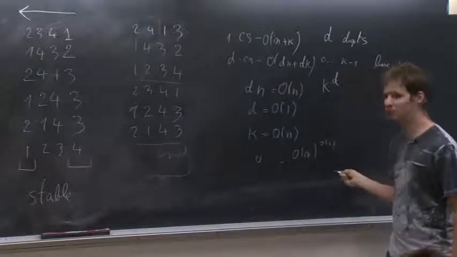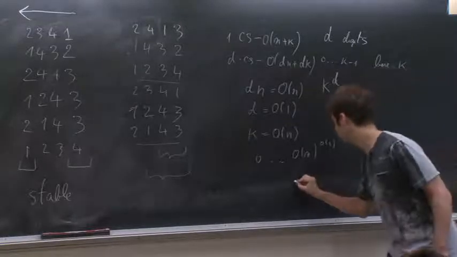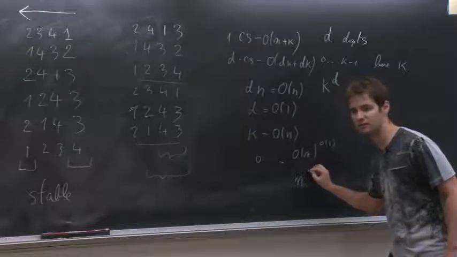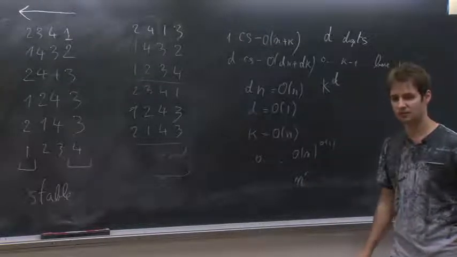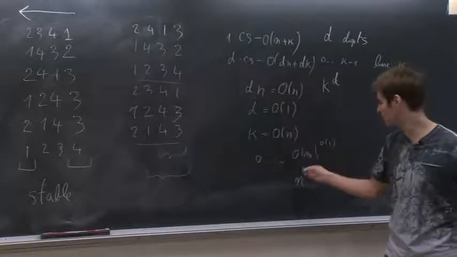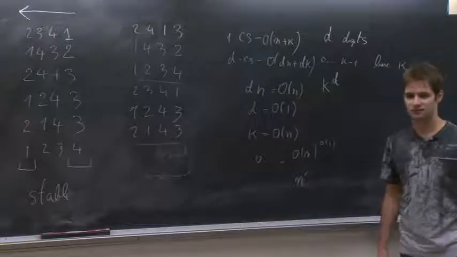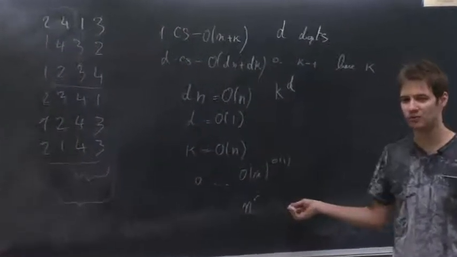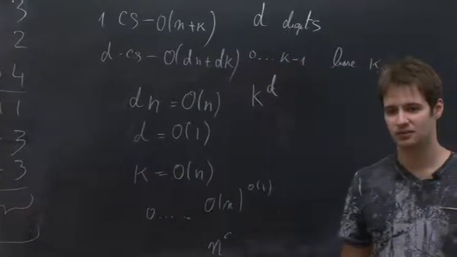And this looks terrible, but what it comes up to is that you can sort keys that look like n to some constant for any constant. So you can sort huge keys as long as huge still means finite. And as long as you can figure out how to map them to numbers. Does this make some sense?